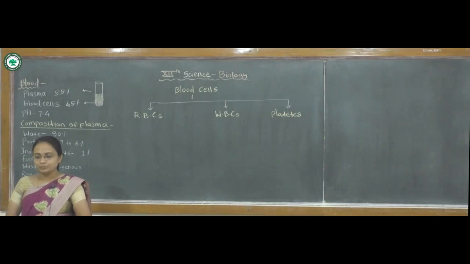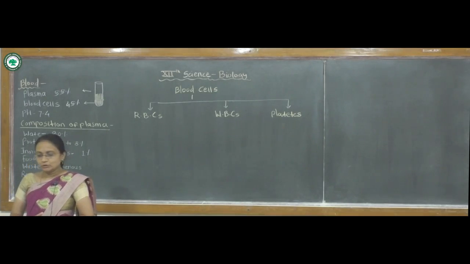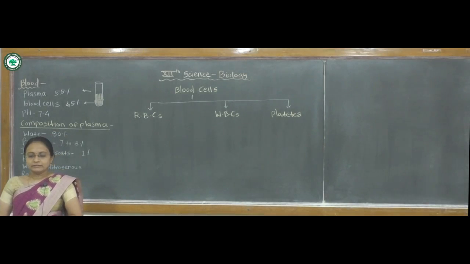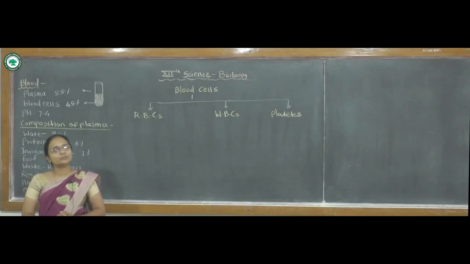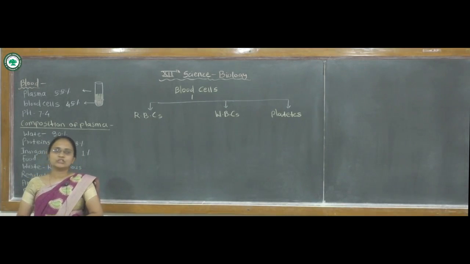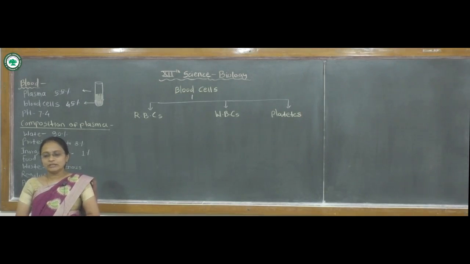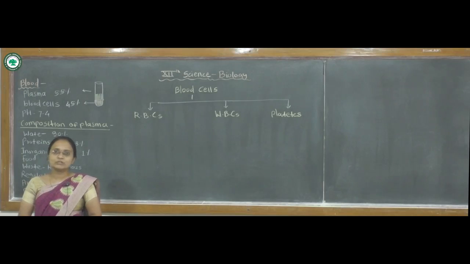The increase in the number of RBCs in the body is known as polycythemia. Poly means many. If the number crosses the normal range and goes above it, that is known as polycythemia, while the decrease in the number of RBCs is known as erythrocytopenia.